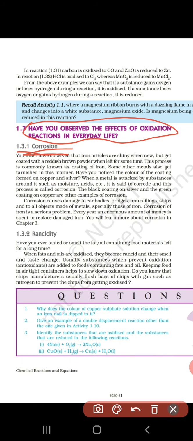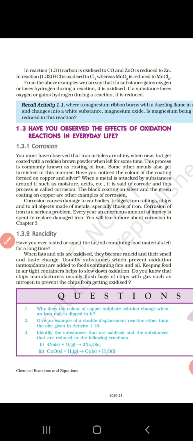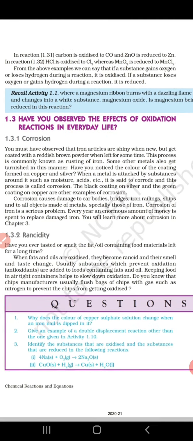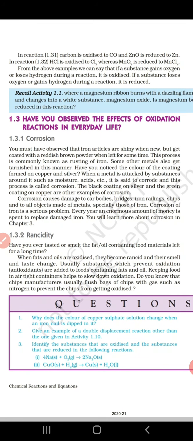When metals are new, like iron, silver, copper, these articles or any metals are shiny. But when the new metals are exposed to atmosphere, moisture, long term exposure to atmospheric conditions, then they are corroded. Their physical appearance changes totally.